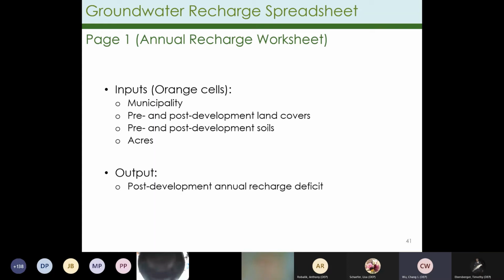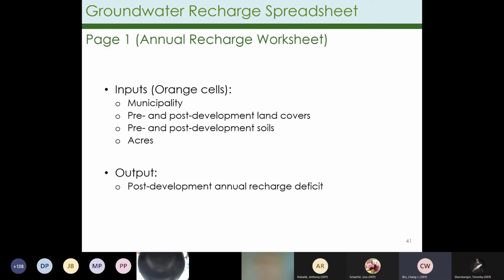So the land cover is used to determine how much runoff is infiltrated into the subsoil, and the soil series is used to determine the depth of the root zone. The spreadsheet then calculates the pre and post development annual recharge, and the difference is the annual deficit, which is in the output.